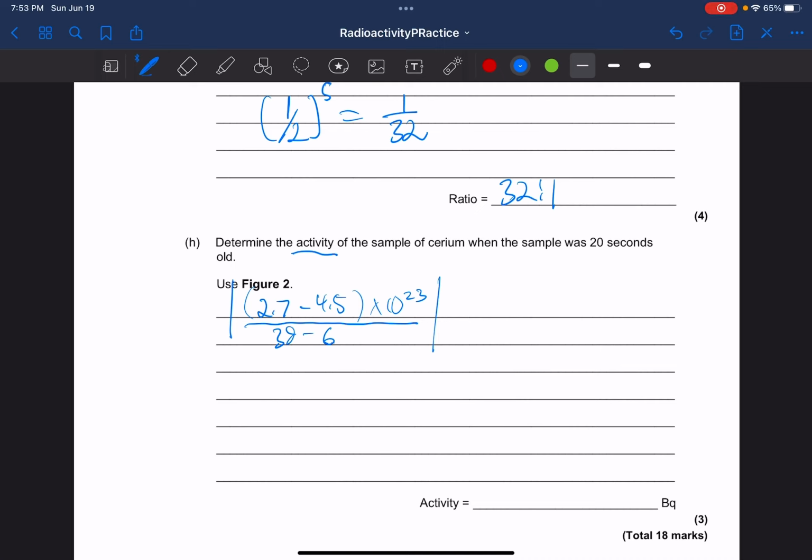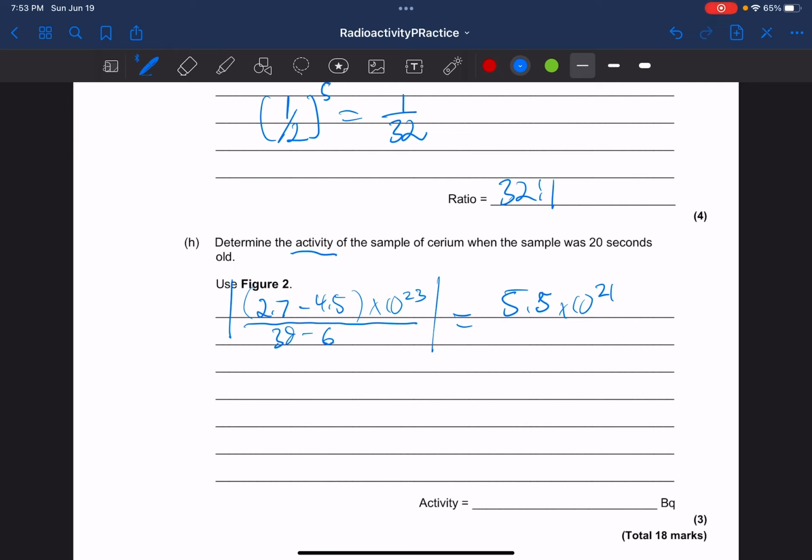So 2.7 times 10 to the 23 minus 4.5 times 10 to the 23, divided by 33. That gives me a value of 5.5 when I round it. 5.5 times 10 to the 21 becquerels.